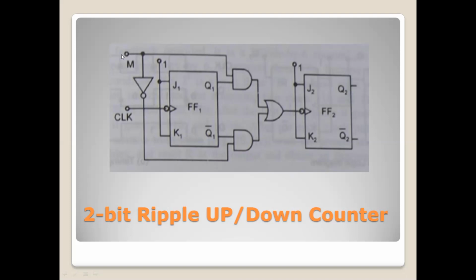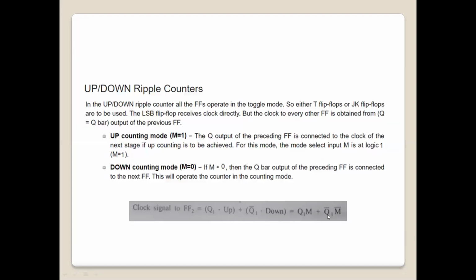When M equal to 0, Q1 bar is triggering the second flip-flop. That is down counting. And this is the expression Q1 M plus Q1 bar M bar. Okay. That's all for today's session.